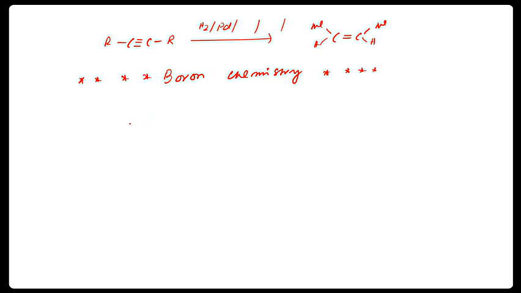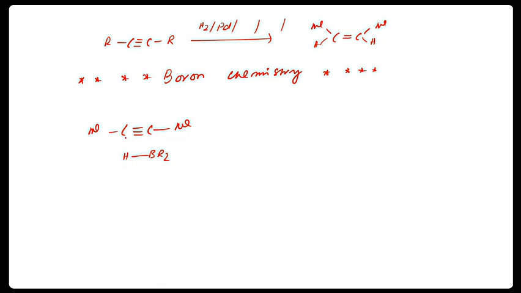So what happens? Let's see it. We have this alkyne, and we are treating it with a bulky boron derivative, R2BH. Then what will happen?